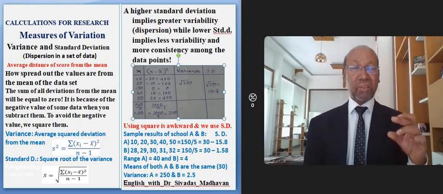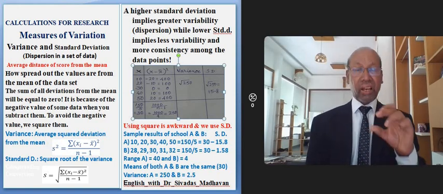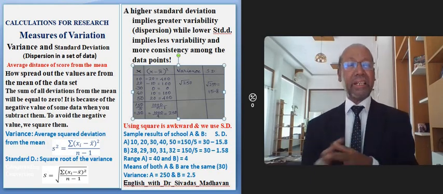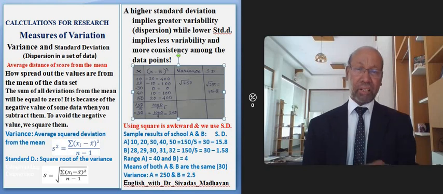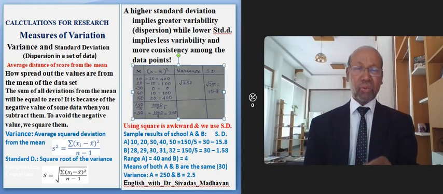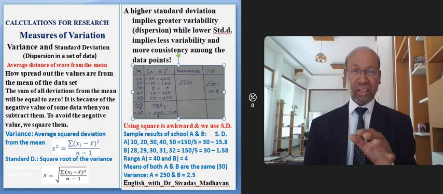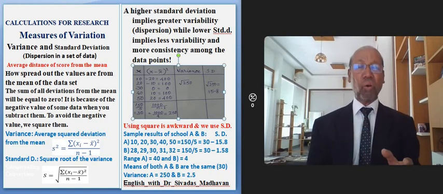For example, when we take the mean of the data points and subtract the mean from the data points, some numbers will be negative. If you consider the example pointed out in the slide, you can understand it. 5 students have got the marks 10, 20, 30, 40, and 50.